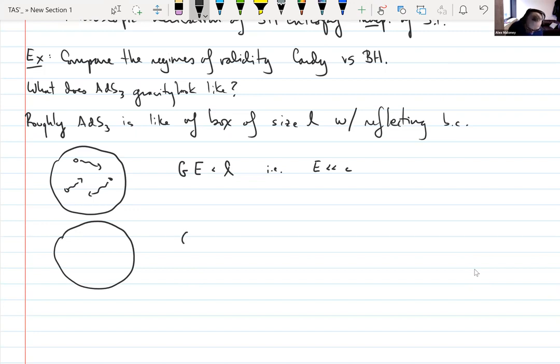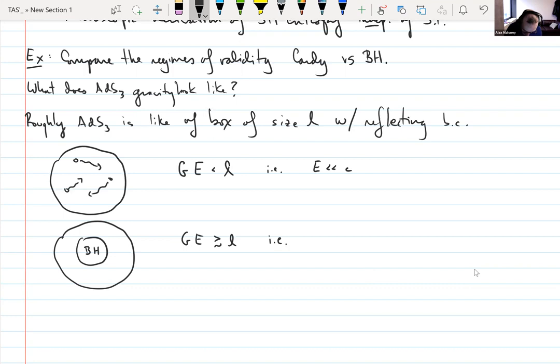But if you crank up the energy to be larger than or of order the AdS radius, then all of that stuff is going to collapse into a black hole, right? That's just a property of gravity in a box. If you take gravity in a box, you start dumping energy in, and it's going to collapse into a black hole.